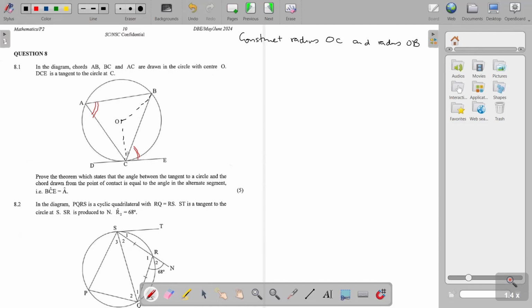So we are saying this angle is 90 degrees, and we write that angle OCE is equal to 90 degrees. Why are we saying it's 90 degrees? Tangent is perpendicular to radius.